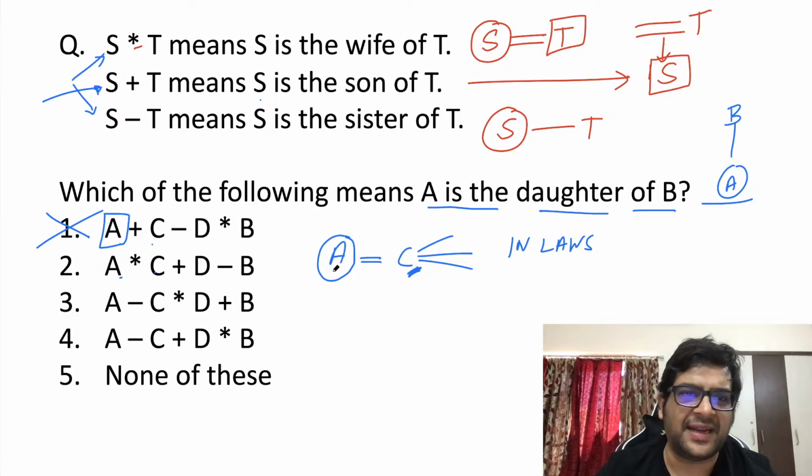Second one I'm eliminating: A is the wife of C, and whatever relationship C now has, they can never get to the father or mother of A. They will always be in-laws. The second is also ruled out.